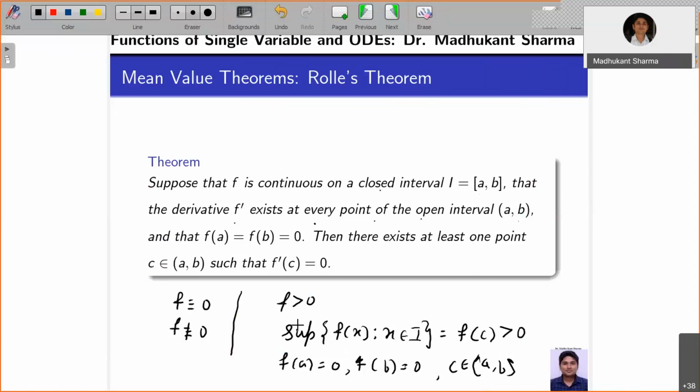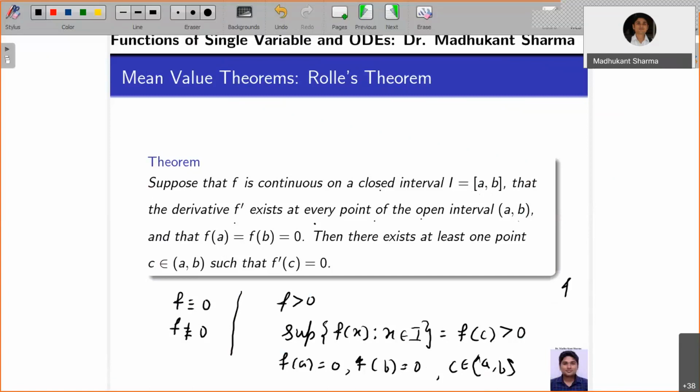The supremum of f of x is greater than 0, and you know that the supremum of f of x is an absolute maximum, because it always lies on the right of every value of f of x.